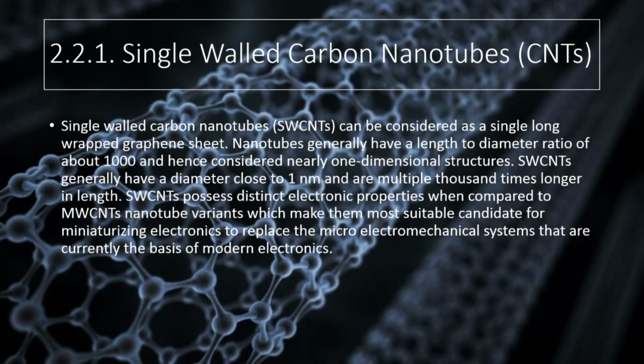Single-wall carbon nanotubes possess distinct electronic properties when compared to multi-wall carbon nanotube variants, which make them the most suitable candidate for miniaturizing electronics to replace the micro-electromechanical systems that are currently the basis of modern electronics.